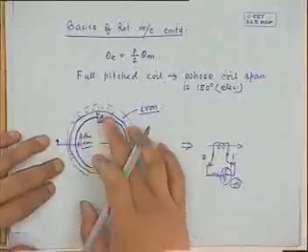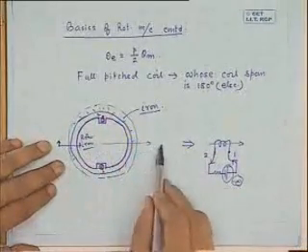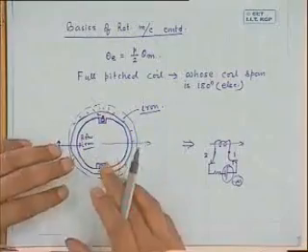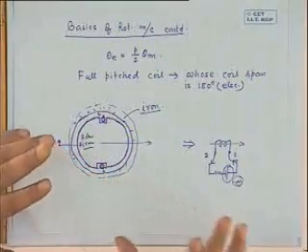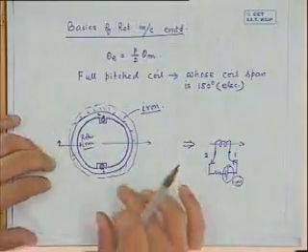But let us do it by somewhat mathematical expression in the light of whatever we have learned earlier, that a single coil, when it carries some current, produces a rectangular field, and that rectangular field we will consider only the fundamental component.